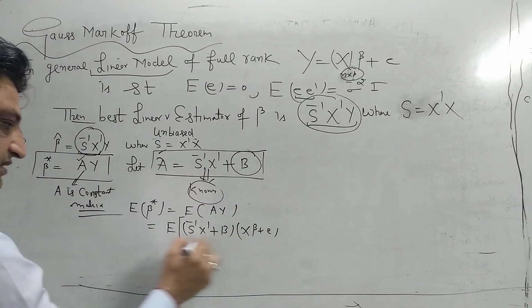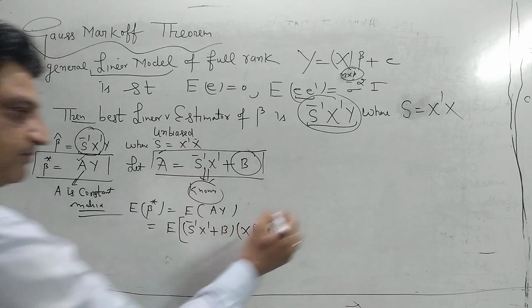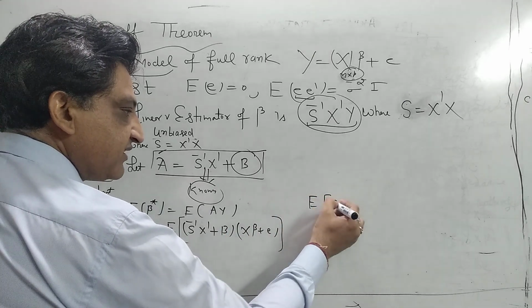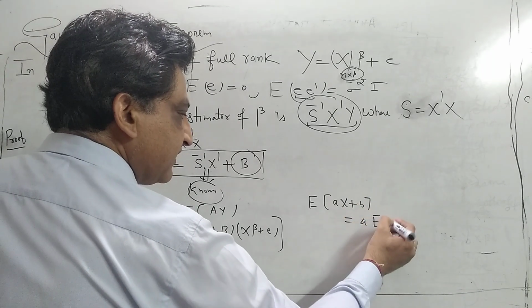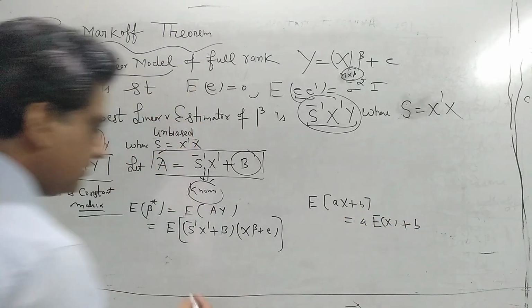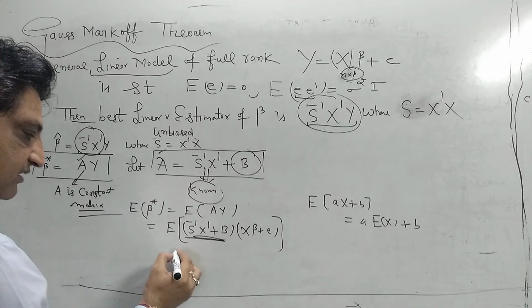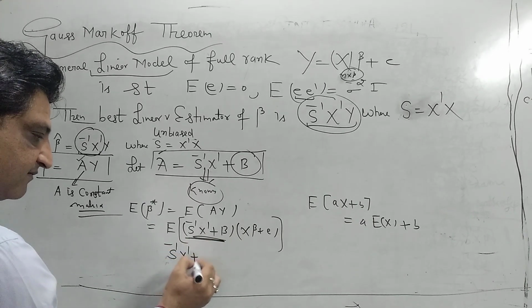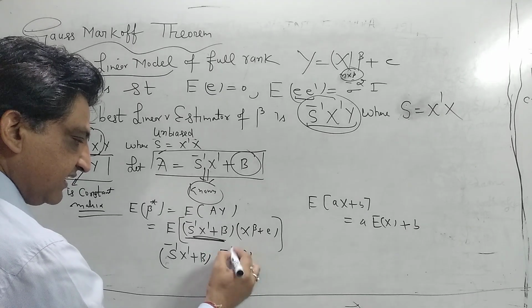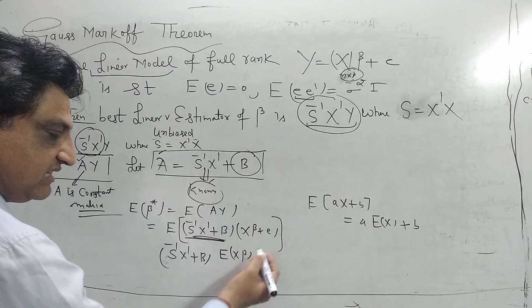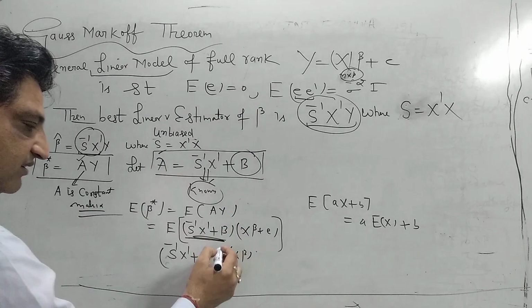Now, expectation properties we know very well, that is, expectation of AX plus B is A times expectation of X plus B. So this is a constant, so it will come outside and E will operate on Xβ plus e. Expectation of e is 0, so this will go.